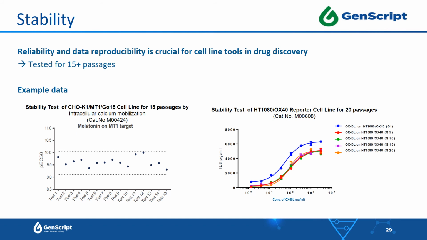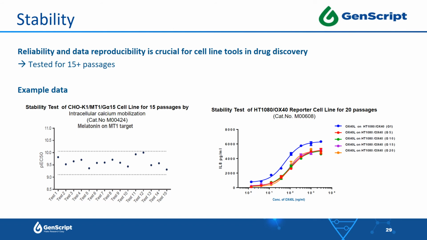Here I'm showing you two example data. In the left is a stability test of the Troca1 MT1 GEF15 cell line. The intracellular calcium mobilization was tested in this cell line for more than 15 passages. On the right side is a stability test of the HT1080 OX40 reporter cell line.